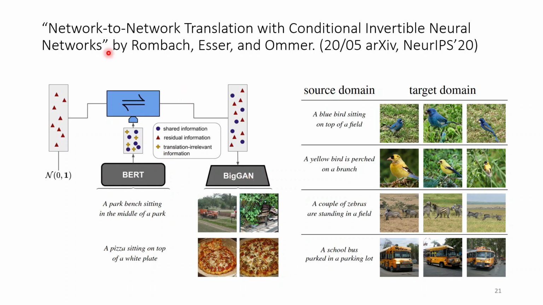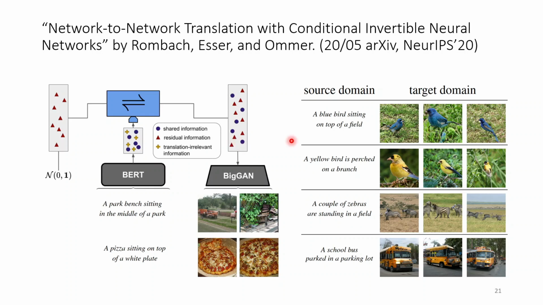So in this paper, what they do is propose a method. Given a random signal or noise, and a text prompt, they can use BERT to convert the text prompt into a signal, and combined with the noise signal, they can use BigGAN to generate images. So that's what they want to do.